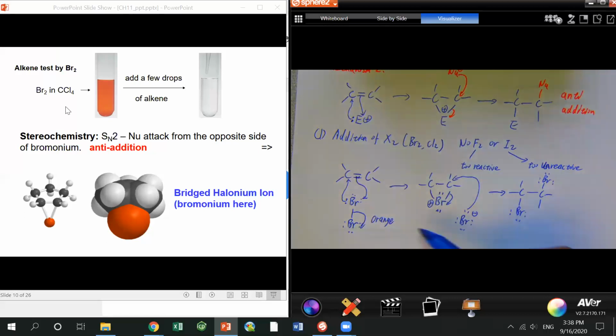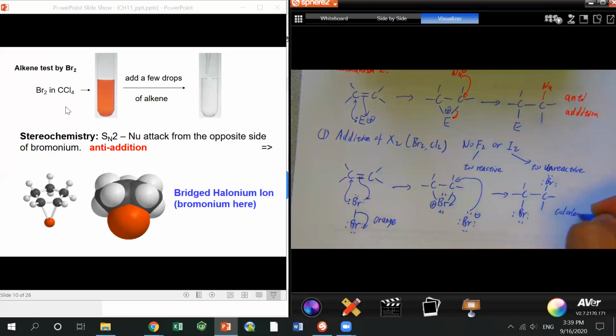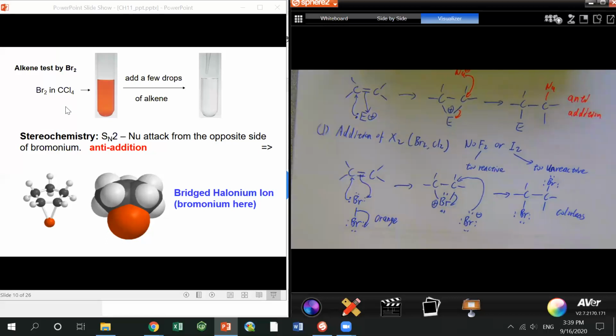But if there is a pi bond in the testing substrate, then you generate the dibromide, and dibromide is colorless, no color. So if you add bromine into the testing substrate, you see the color change to colorless, which means there's alkene in the molecule. A pretty efficient way to do it.